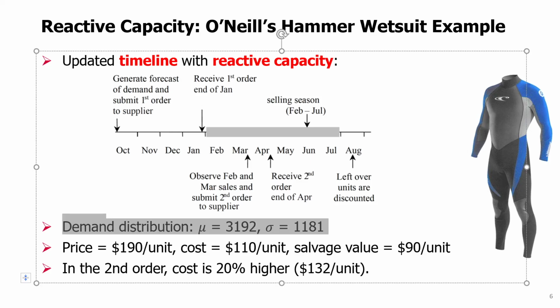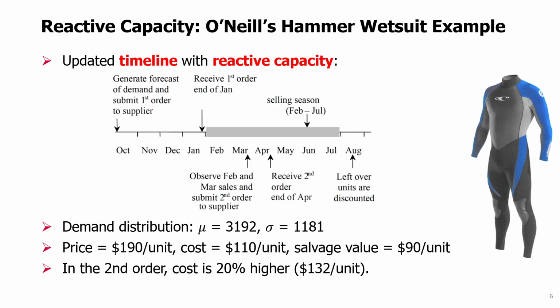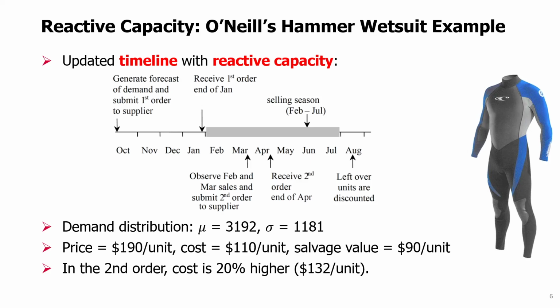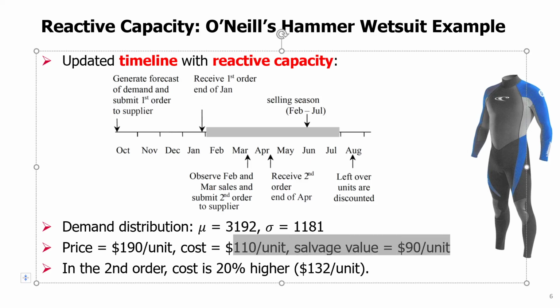The demand, right, we created a forecast which is represented by a demand distribution, a normal distribution function with mean and standard deviation as shown here. We also have the price, cost, and salvage value as before, 190, 110, and $90 of salvage value.